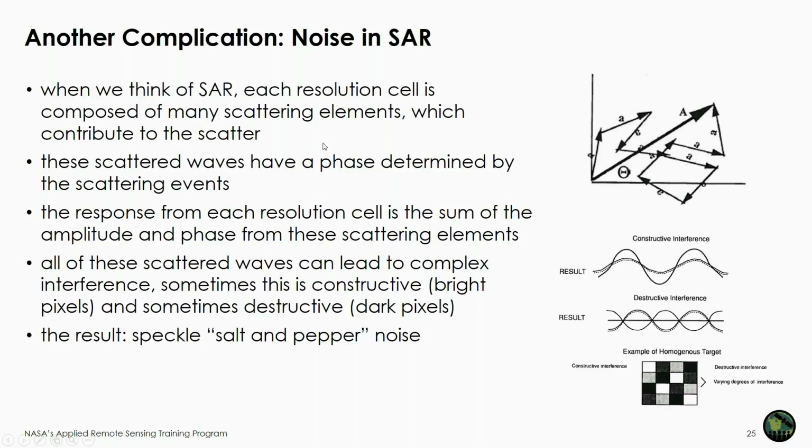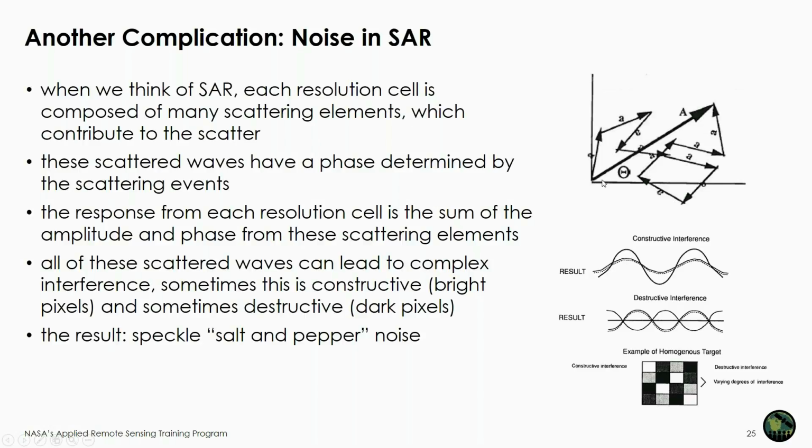So in any particular resolution cell in a radar image, the response in that resolution cell is a sum of not only the intensity or the amplitude of the scattering that occurs, but it's also the phase that is occurring among these various scattering elements.